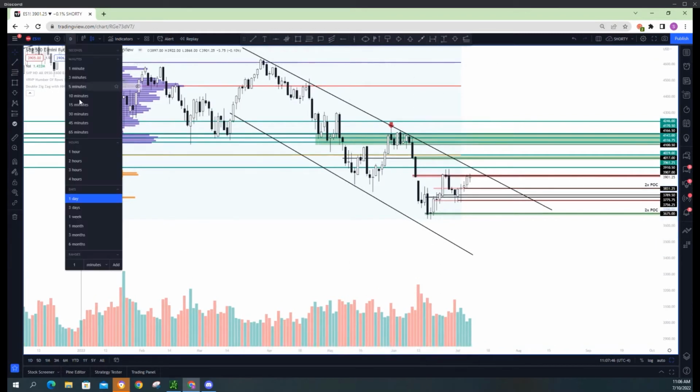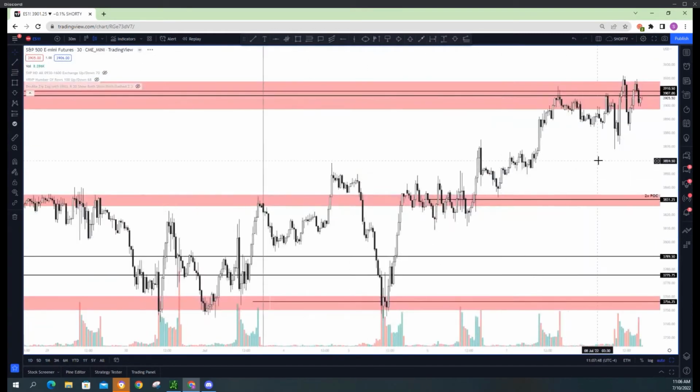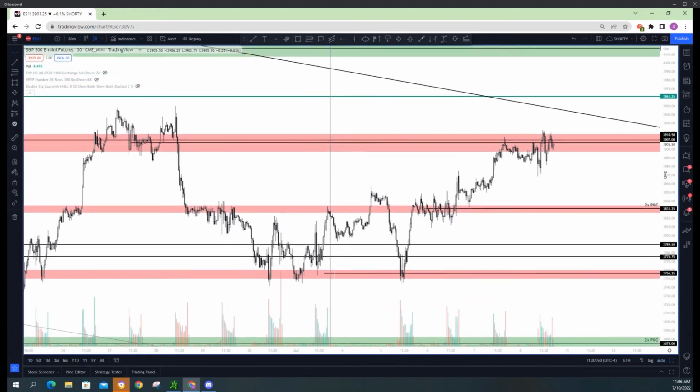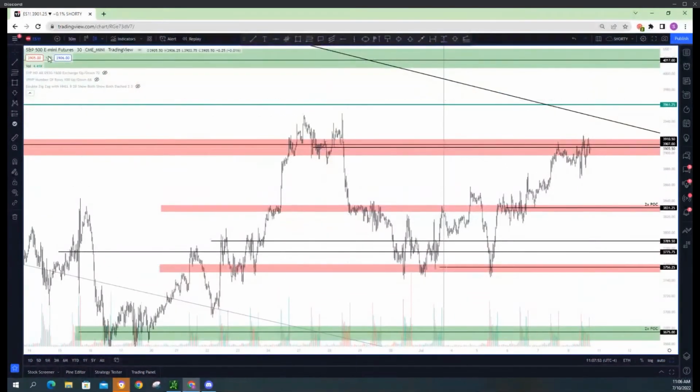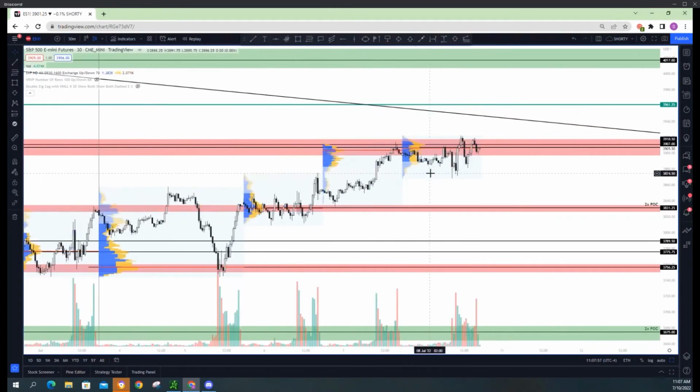Okay. So now that we got ES, I think we actually got most of the levels here identified for it. So, let's see, 30 minutes. Your value area low is right here. This one is more relevant.